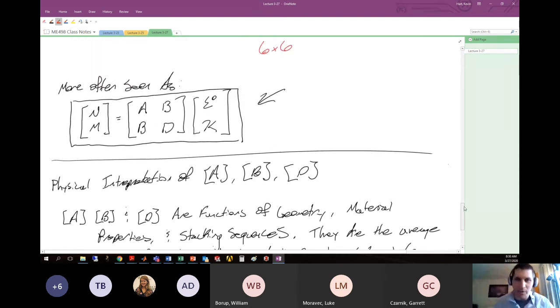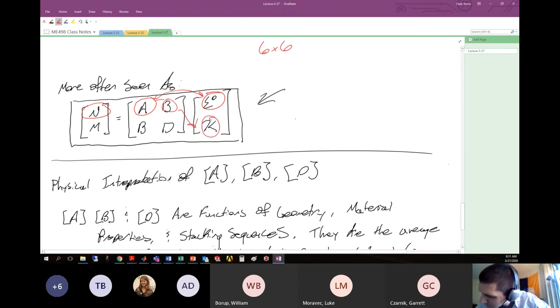We can see that with the matrix math here. N, for this particular piece, is going to be a combination of A times epsilon 0, so we're doing our traditional matrix math where we go across the rows and down the columns. N is A times epsilon 0 plus B times kappa.